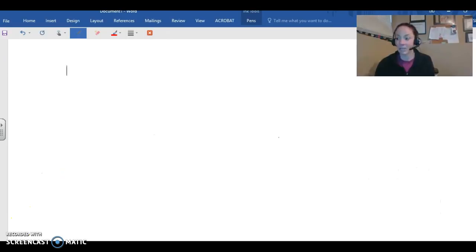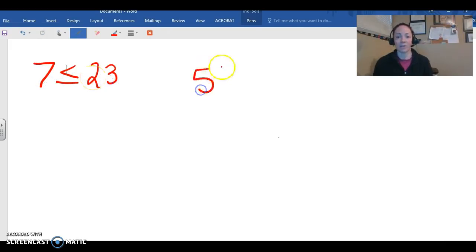Okay, so let's do a few of these together. We're going to write the inequality, and we're going to do a couple writing them in word form. So, if we were going to say 7 is less than or equal to 23, it would look like this. 7 is less than or equal to 23. Not too tricky. What about 5 3/4? Somehow we're going to compare that to 4 2/3.